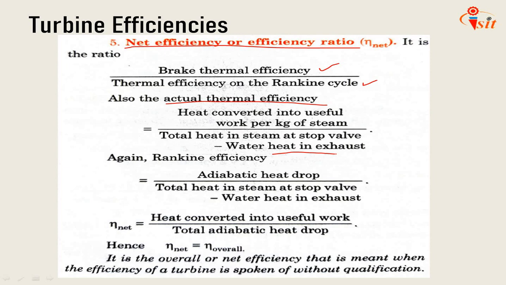And Rankine efficiency, we all know, is the adiabatic heat drop to the total heat in steam at the stop valve minus water heat in the exhaust. Ultimately the net efficiency we are getting, as it gets cancelled, is heat converted into useful work divided by total adiabatic heat drop. So eta net equals eta overall. It is the overall or net efficiency that is meant when the efficiency of a turbine is spoken of without qualification. So that is about the net efficiency or efficiency ratio, and overall we have discussed the turbine efficiencies.